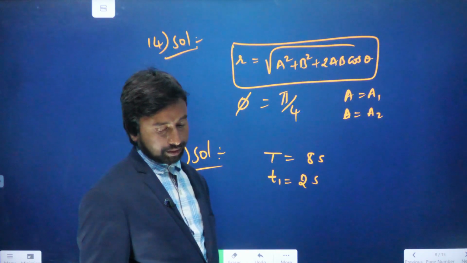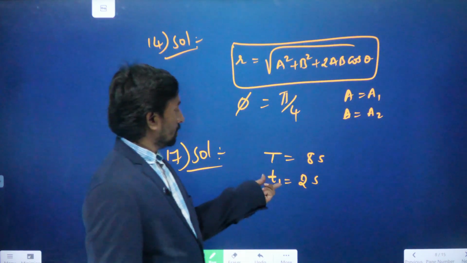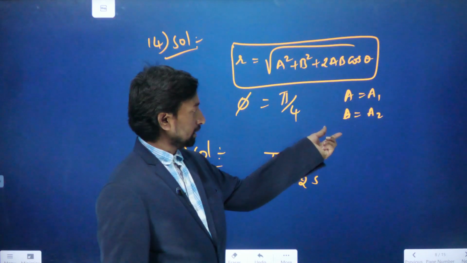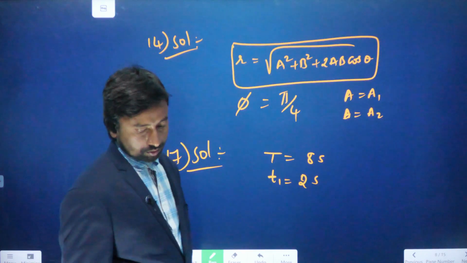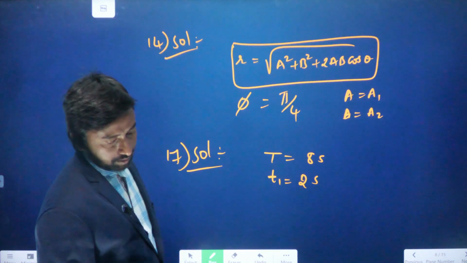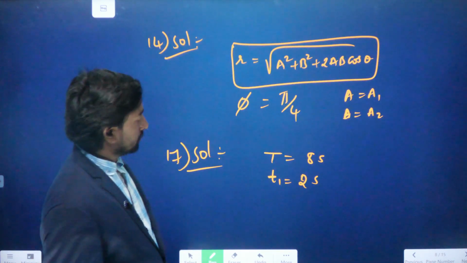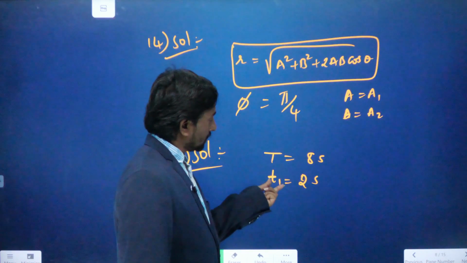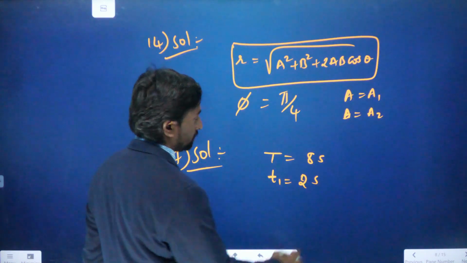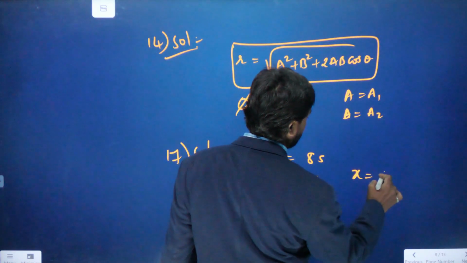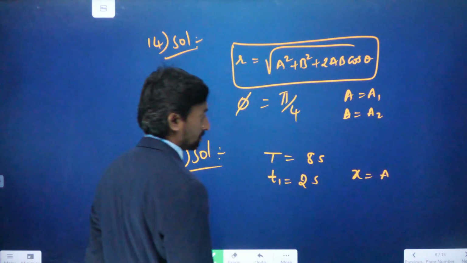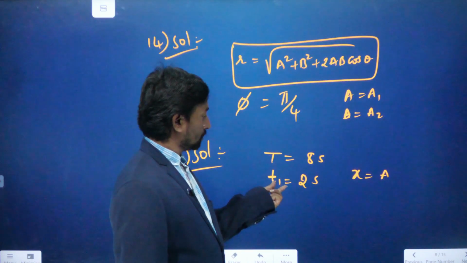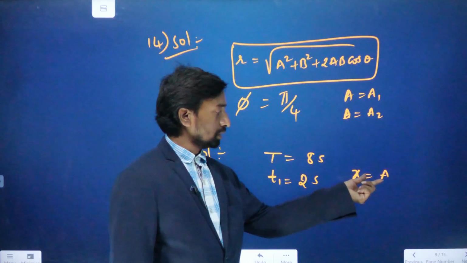First second means, at zero time it is at the mean position. So in the first second it will travel. Suppose the displacement here is x equals A, one maximum amplitude we consider. So in T1, in 2 seconds, it will go to an extreme position.